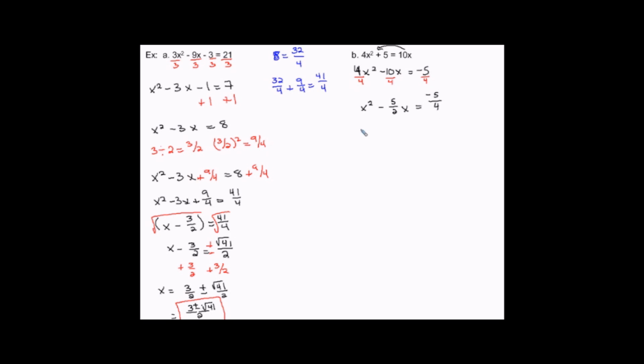Now, taking half of a fraction, 5 halves divided by 2. That's the same thing as 5 halves times 1/2. So that makes it 5/4. And then I need to take that 5/4 and I need to square it, and I'm going to get 25/16. And that is what I'm going to add to both sides.